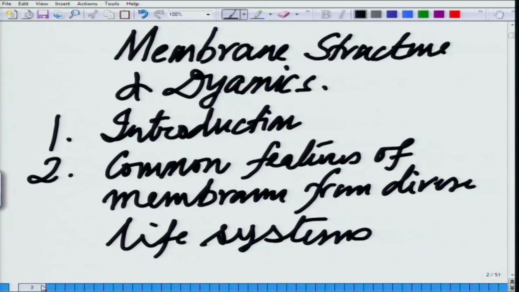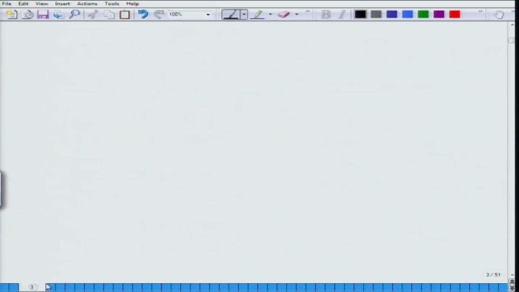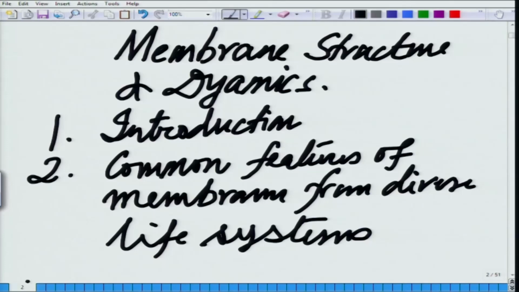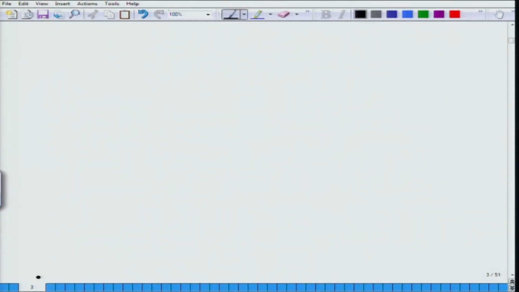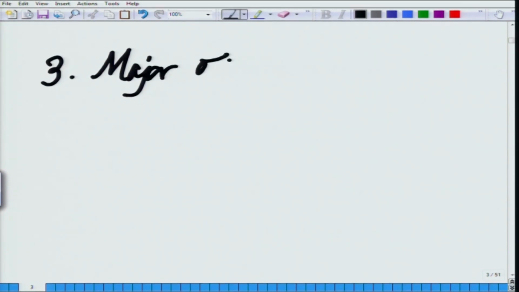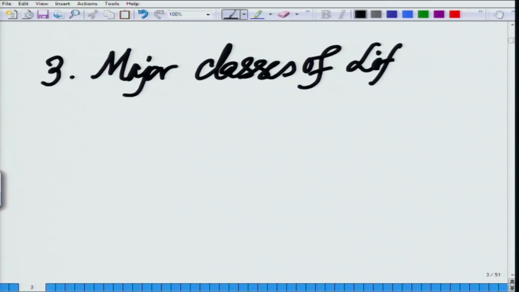The third thing we are going to cover will be the major classes of the lipids. As you remember, in my last lecture I told you the membranes are formed of lipids.